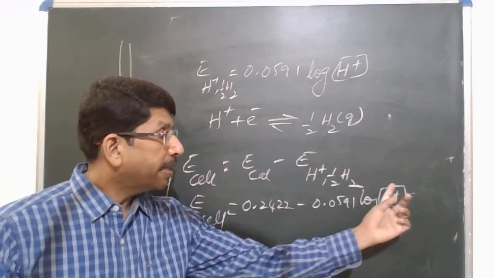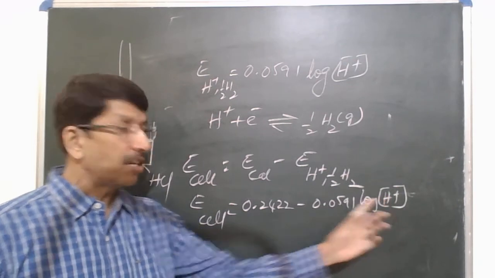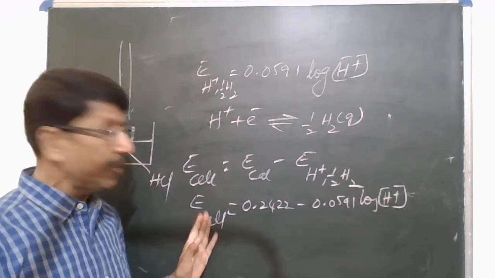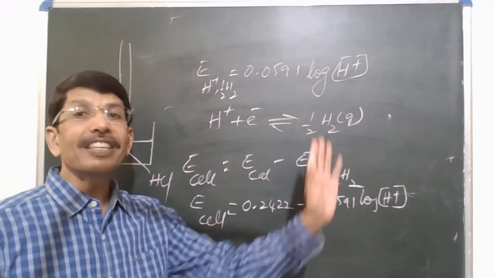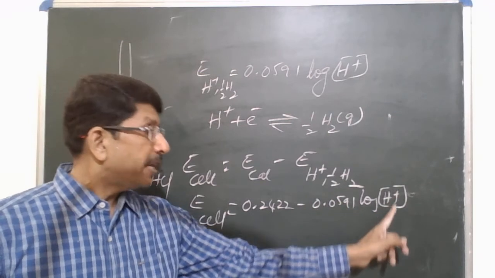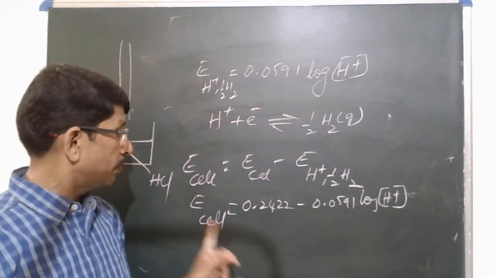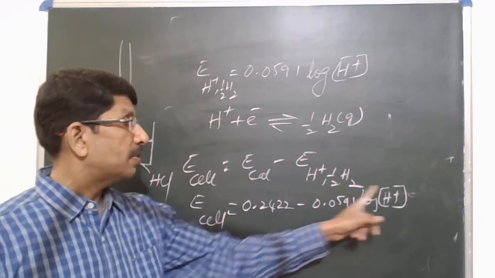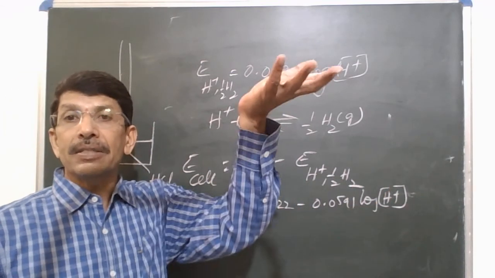So as there is a continuous decrease in hydrogen ion concentration, what happens to EMF of the cell? EMF of the cell now increases because of this minus. Look at this expression. As H plus ion concentration decreases, the net value of the right hand side increases.